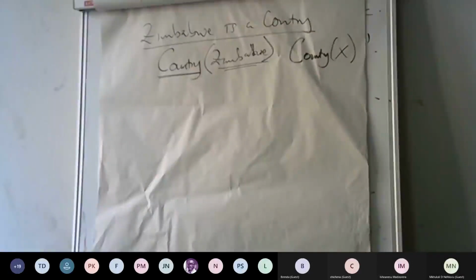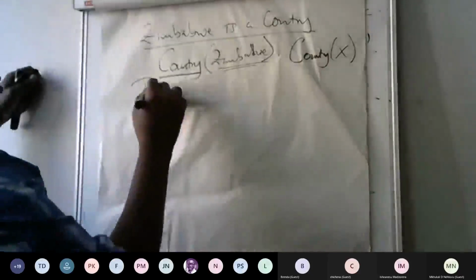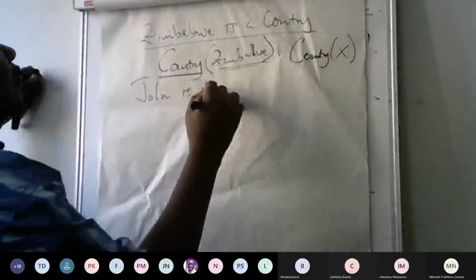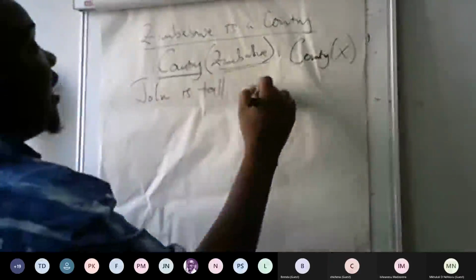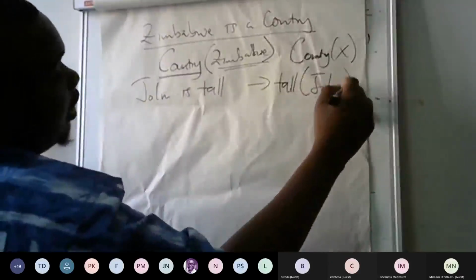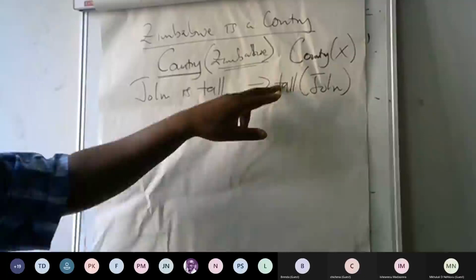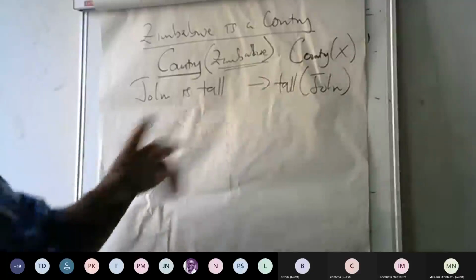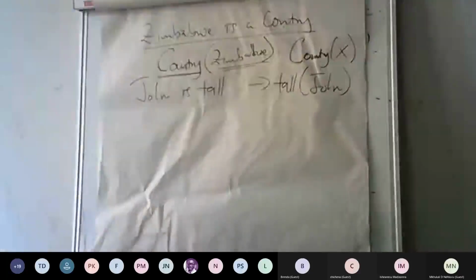I can have another example: John is tall. What it means is I should have Tall(John), because John is not the only tall person in the world, but specifically John here is tall. So that's how you come up with it.